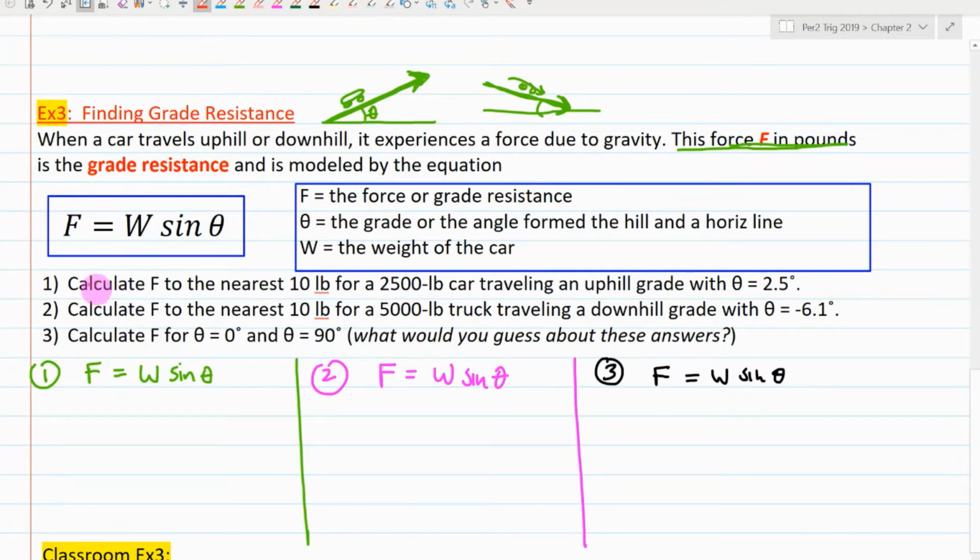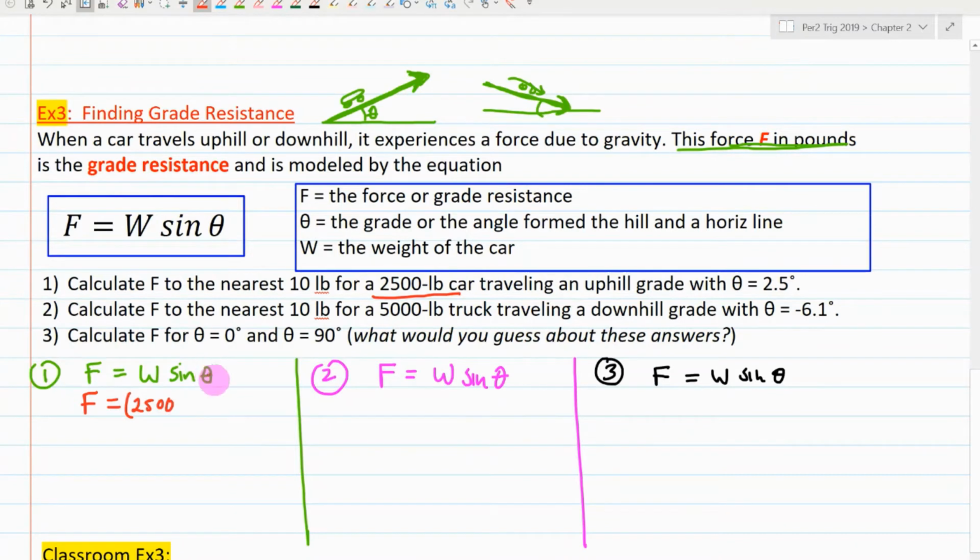So for number 1, it says calculate the force, or really we're calculating the grade resistance. Okay, F stands for the force in pounds, but it's actually the grade resistance. So the grade resistance or the force is what they want us to find, is equal to the weight of the car. Okay, the weight of the car is 2,500 pounds.